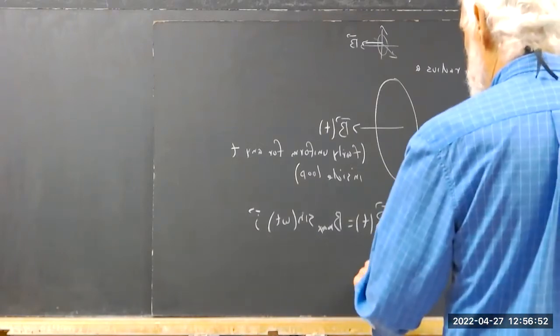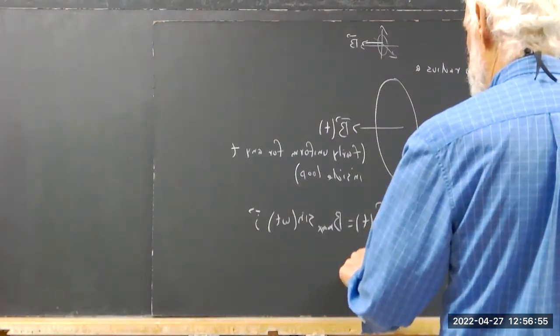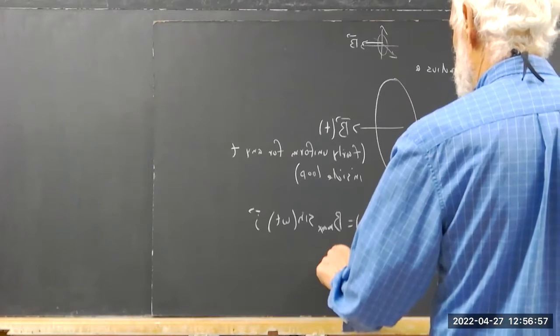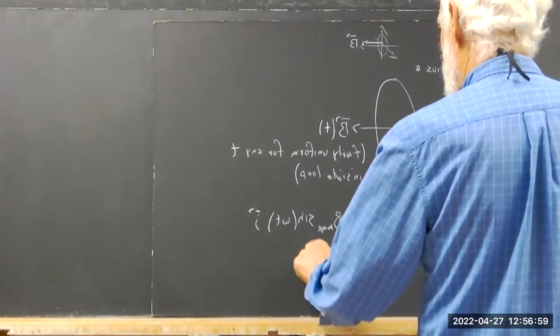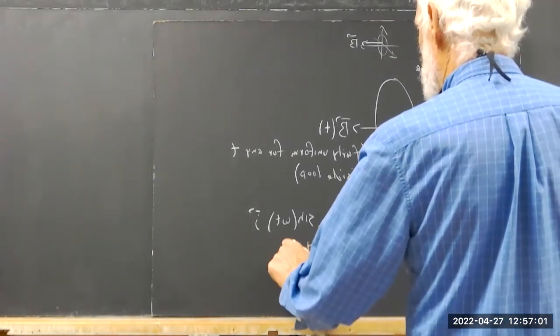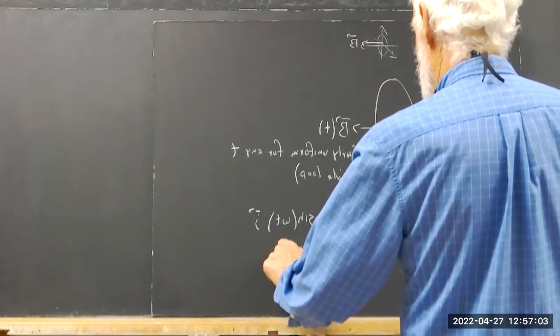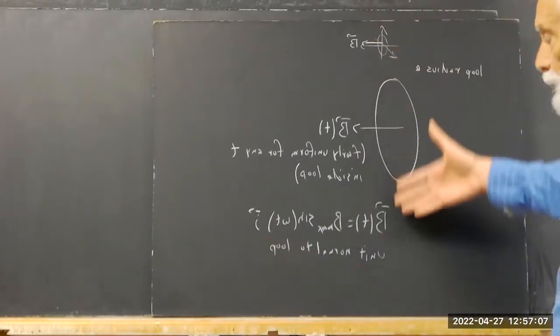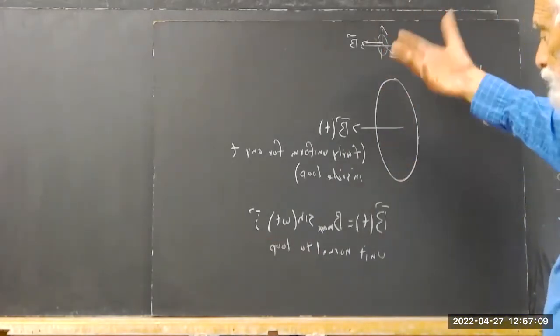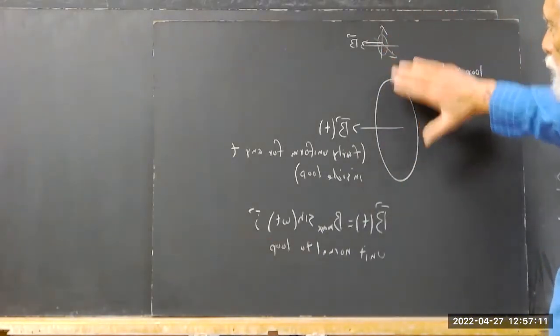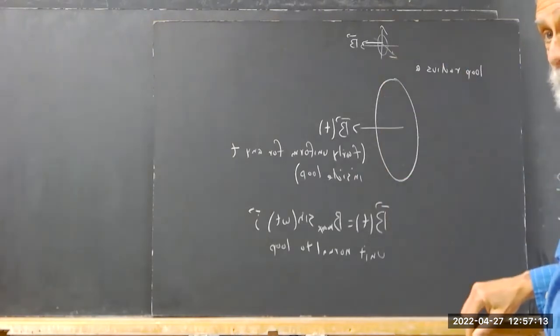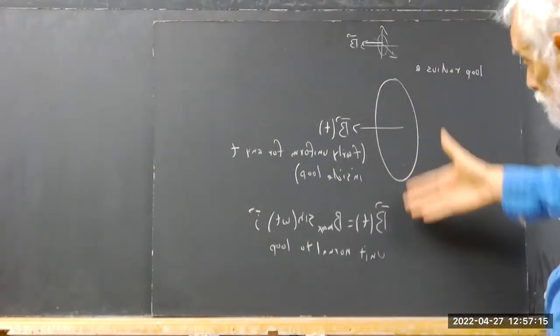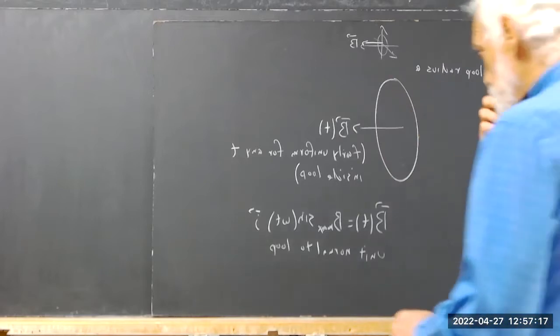The unit normal to your loop. What I mean by the loop is the area increment corresponding to the loop, or any area increment within the loop, in the plane of the loop.